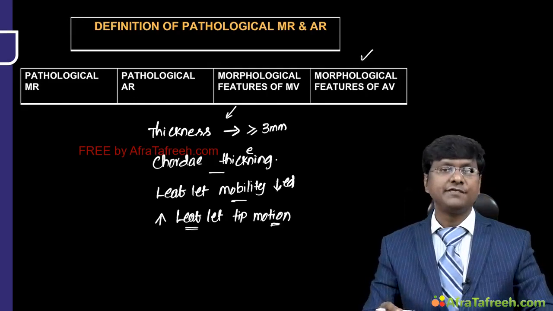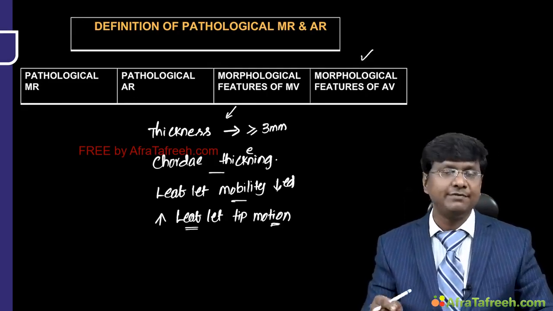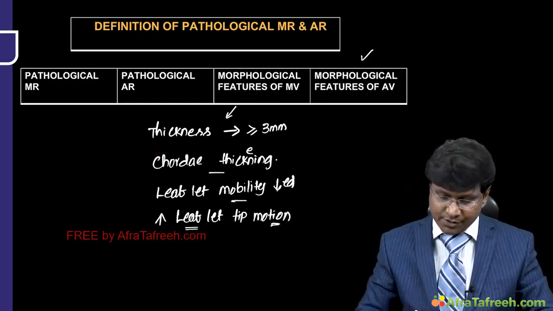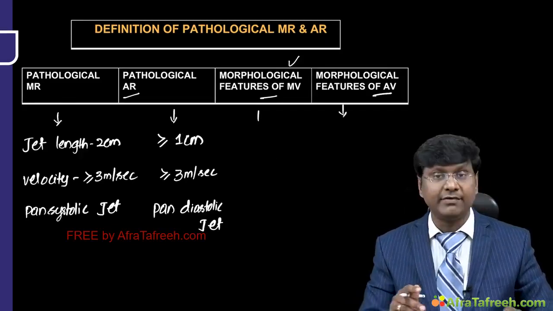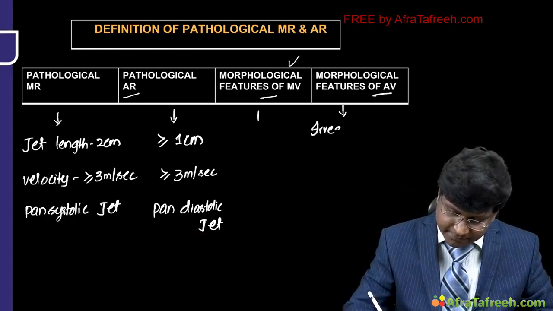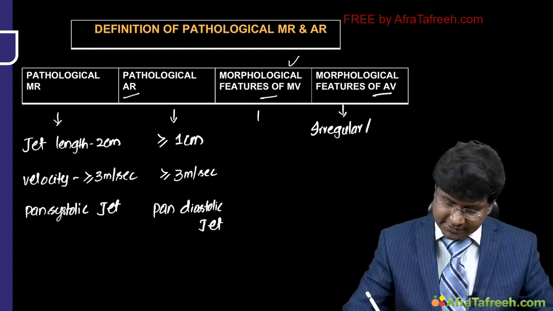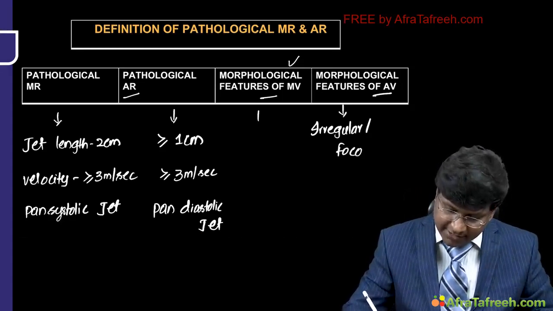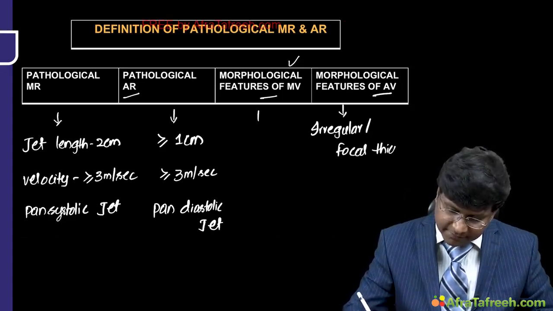Then the morphological features of the aortic valve to consider it as rheumatic heart disease. So how should be the aortic valve? The aortic valve should be irregular, or there should be focal thickening of the aortic valve.